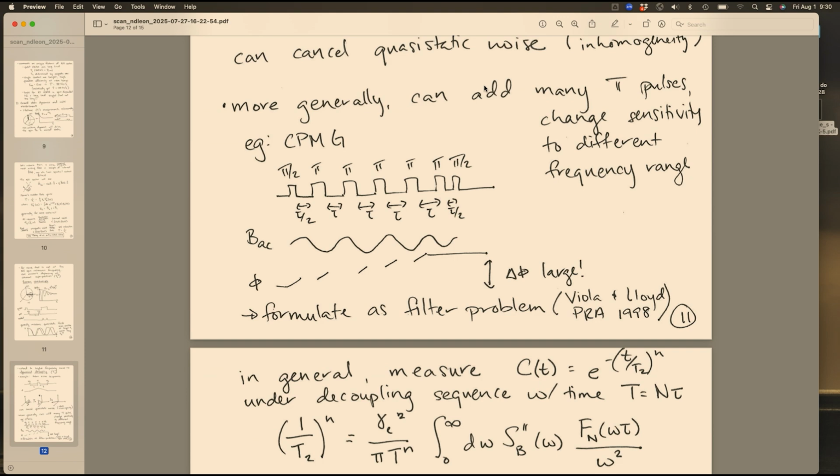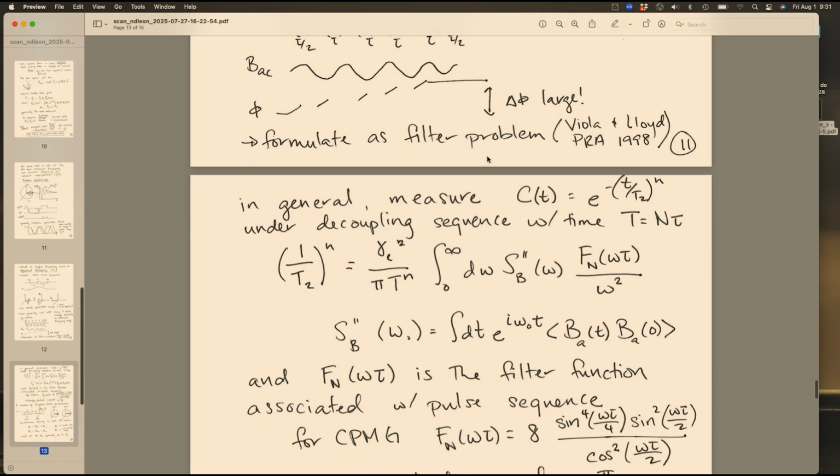It's going to cancel everything else out. But you're maximally sensitive to things that are exactly commensurate with the sequence that you apply, and now you have a giant phase accumulation. You're very sensitive. In general, you can formulate this as a filter function problem. For a given pulse sequence, you can write down a spectral filter function that tells you what components of the noise you're actually sensing.